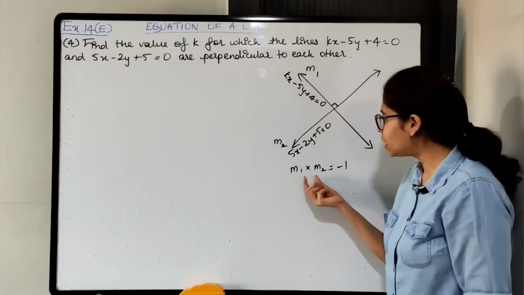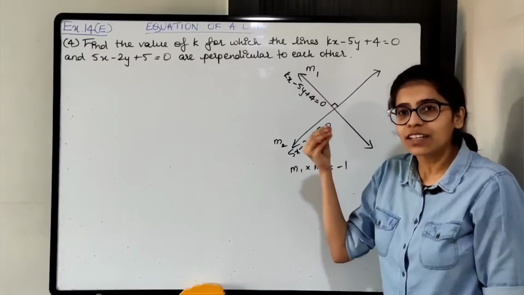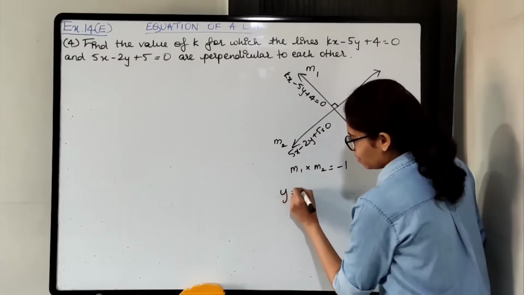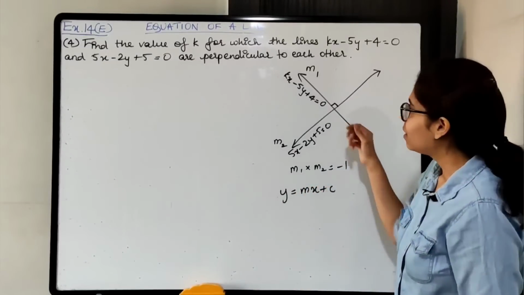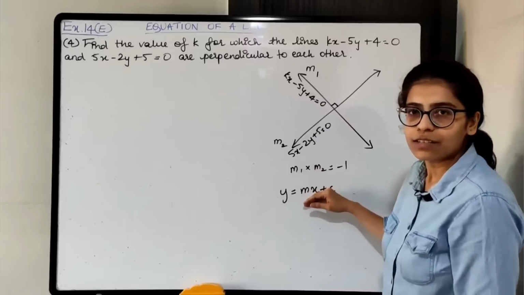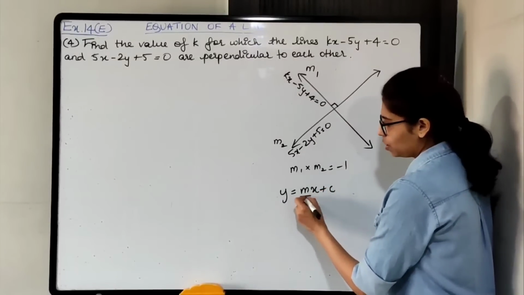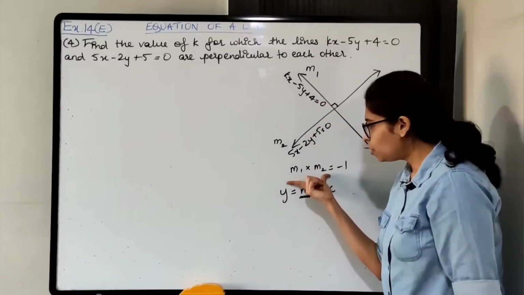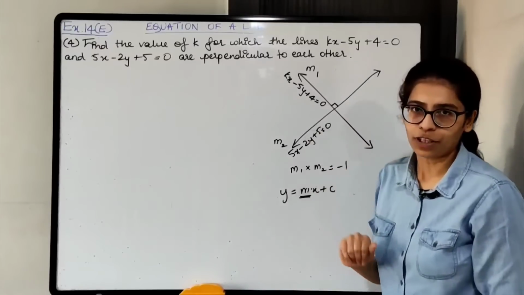How will you get the slopes m1 and m2? From the equations. Equations are given to you. Bring the equation in standard form. Once you bring both the equations in standard form, you will get the value of their respective slopes, and then you will apply this formula. Okay, so let us solve now.